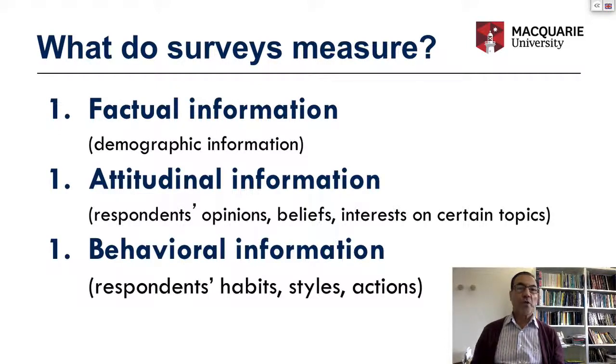And there could be other sections, for example, like a behavioral section in that researchers elicit information about respondents' habits, styles, actions, and strategies, for example. Depending on the purpose of the survey study, researchers might include further sections in their questionnaire.